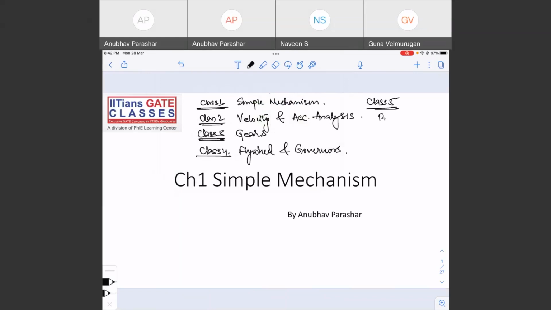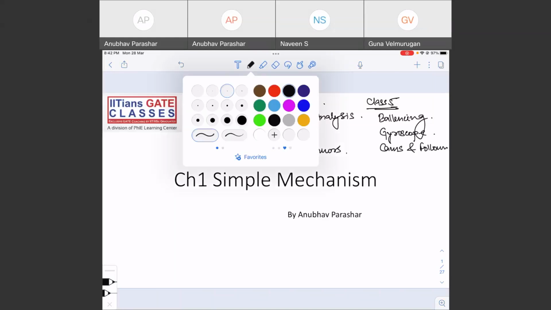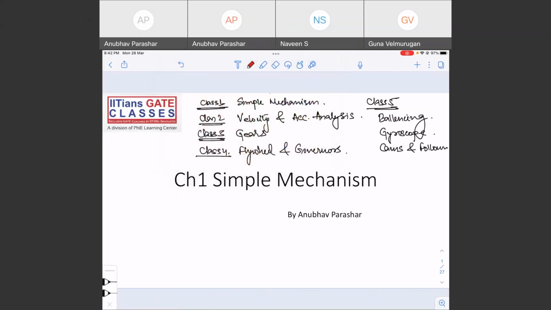Those are balancing, gyroscope, because these are very small topics, and cams and followers. So this is how it is going to be, right? And in between somewhere, we'll find out some time.